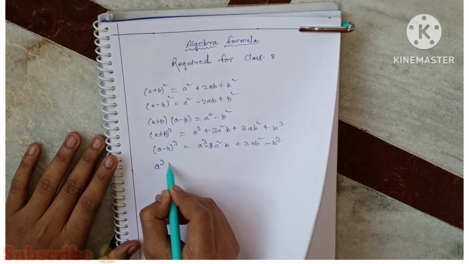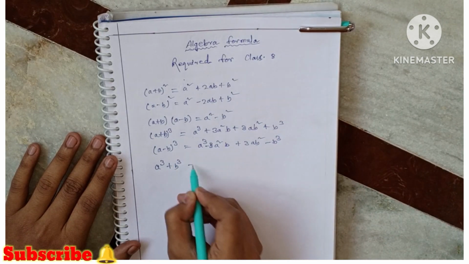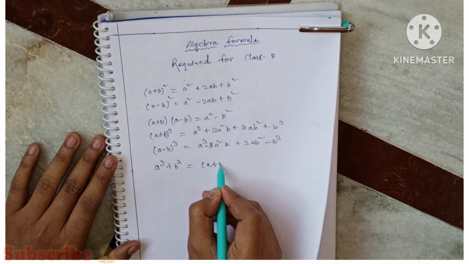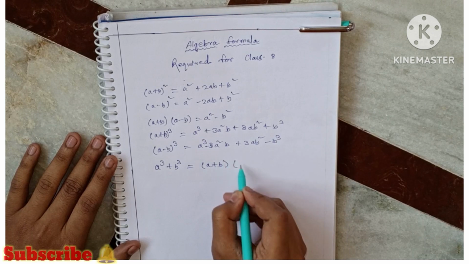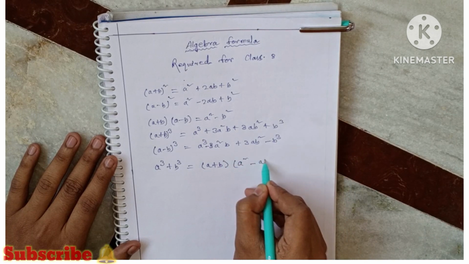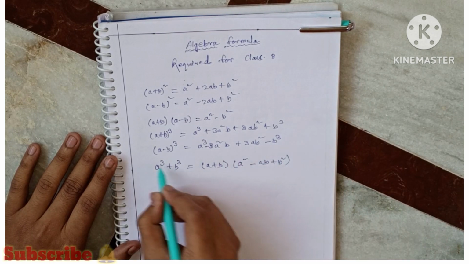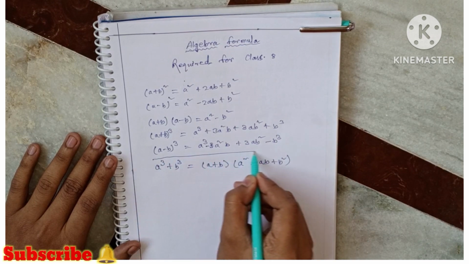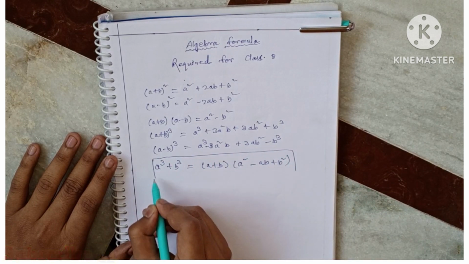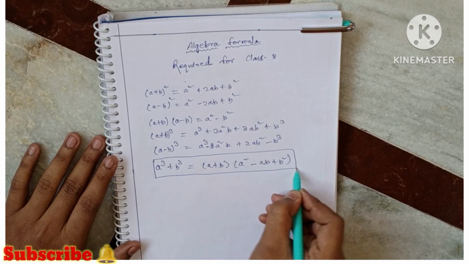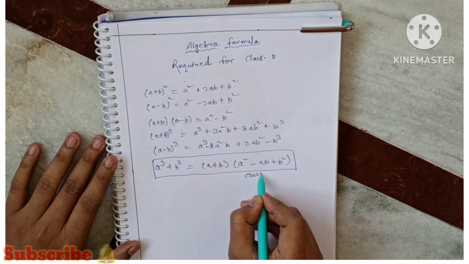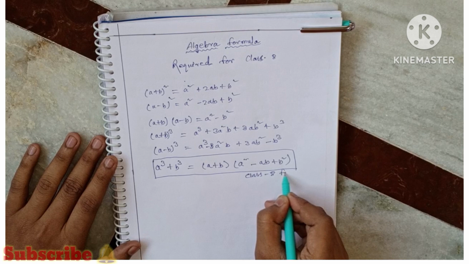Also, a cube plus b cube is equal to (a plus b) into (a square minus ab plus b square). These formulas are only required for class 8 factorization.